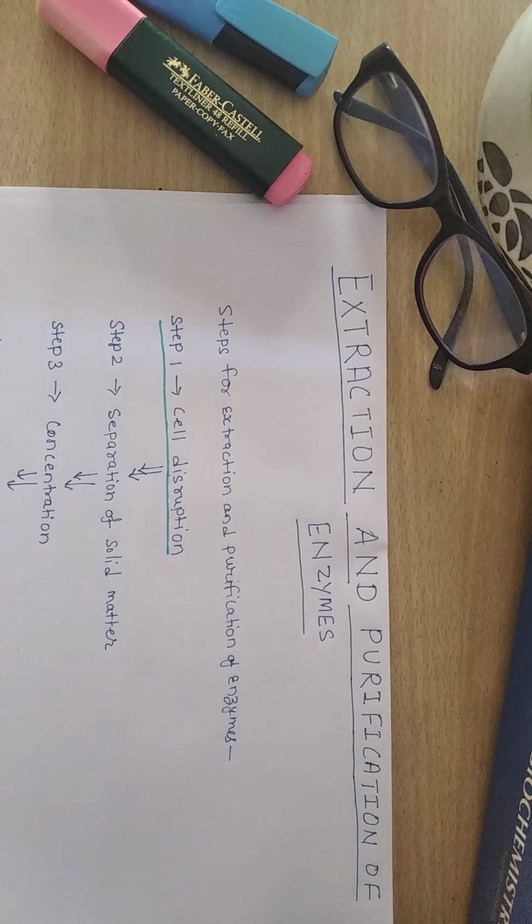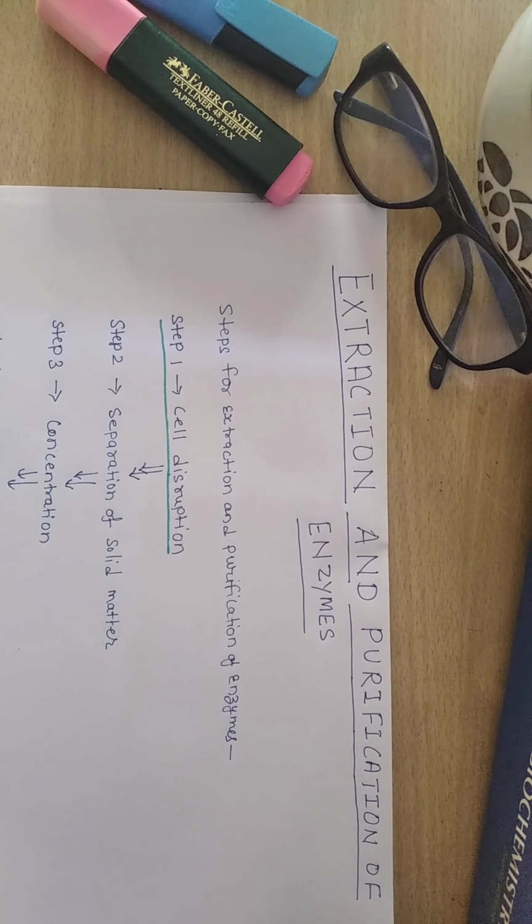Now let's talk about step 5, that is formulation of the final enzyme product. Enzymes for industrial use are sold on the basis of overall activity.